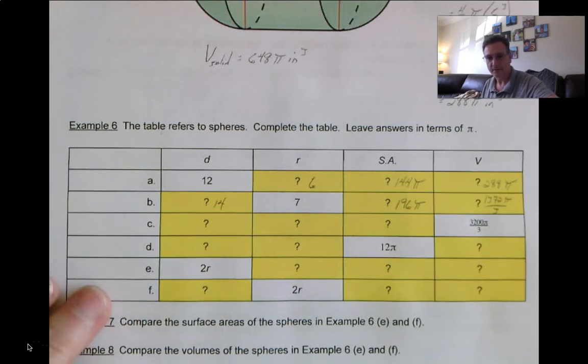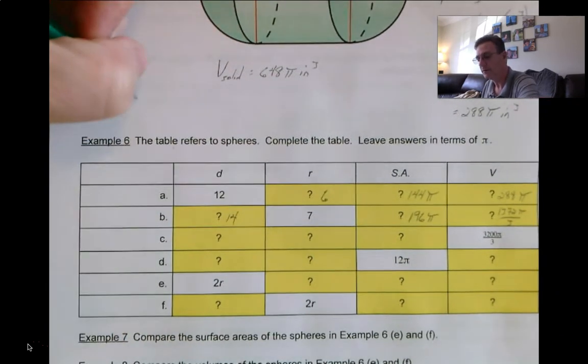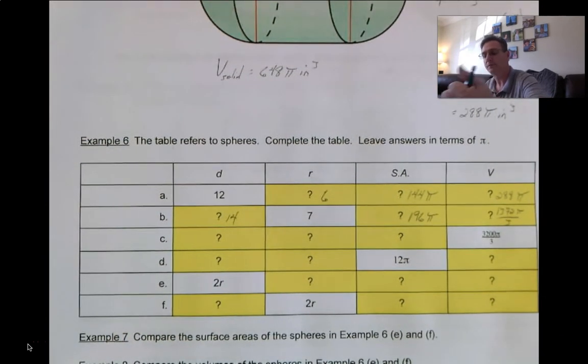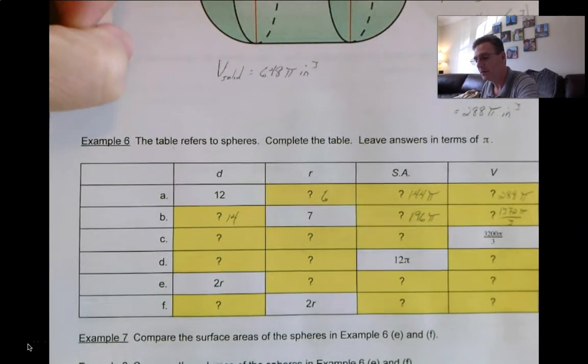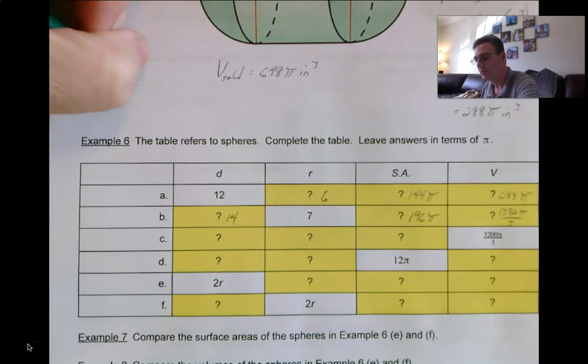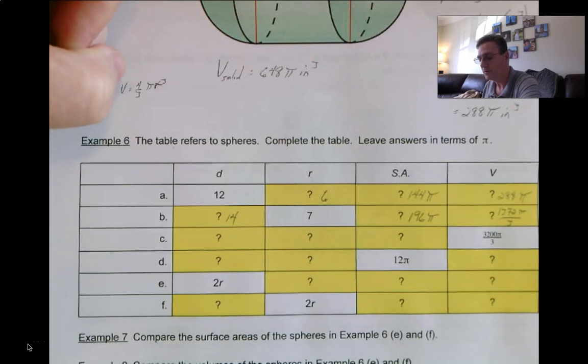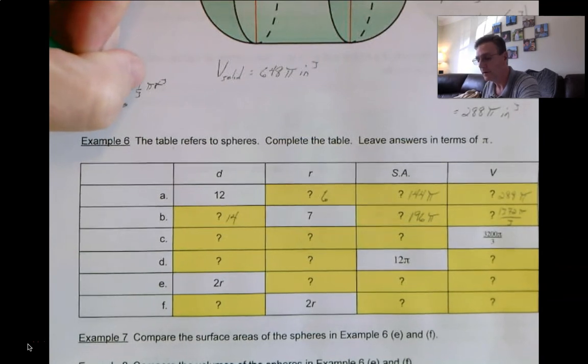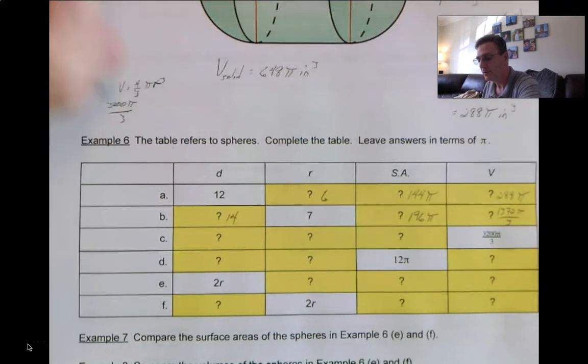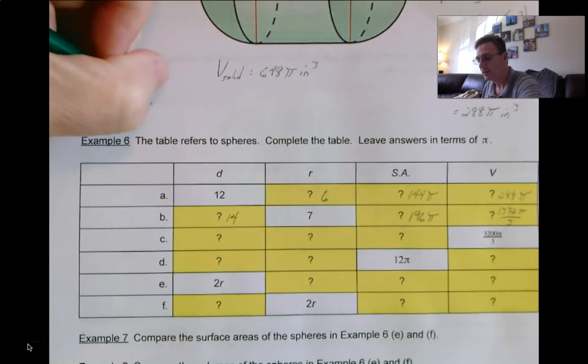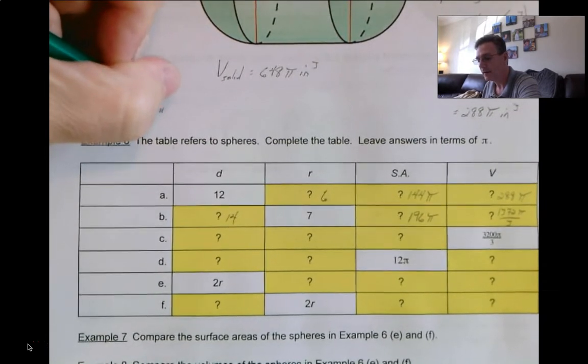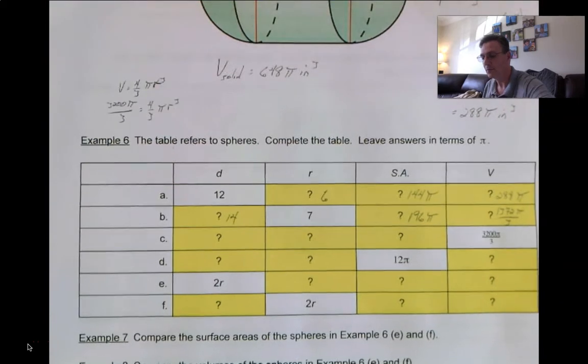So I've got some space up here. Let me do this one. Show you what I'm doing here. Volume equals 4/3 pi r cubed. I know the volume is 3,200 pi over 3 equals 4/3 pi r cubed.